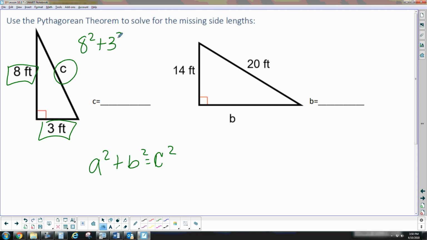So 8 squared plus 3 squared equals c squared. So 64 plus 9 equals c squared. So 73 equals c squared, so the square root of 73 equals c.